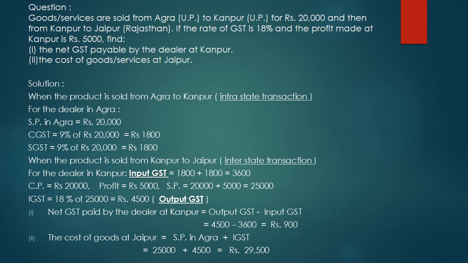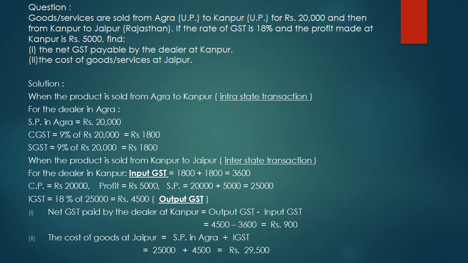So for the dealer in Agra, the selling price is rupees 20,000. Then CGST will be equal to 9% of 20,000. Total 18% GST has been divided in two parts for CGST and SGST, so CGST will be calculated with 9%. So 9% of rupees 20,000 will be equal to 1800.